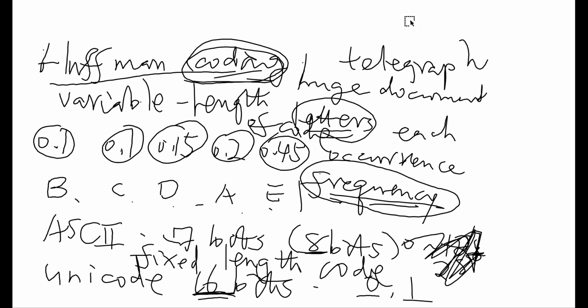I'm going to use 0 and 1 to code those letters, but it doesn't need to be the same number of digits. In this case, B can be 4 bits, and for E, maybe I just use 1 bit. Some kind of mechanism like this.